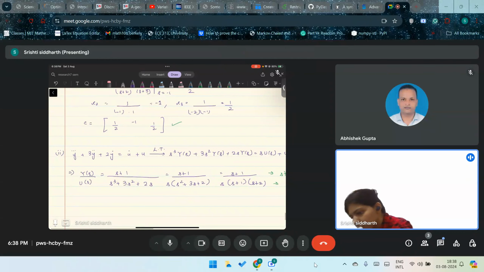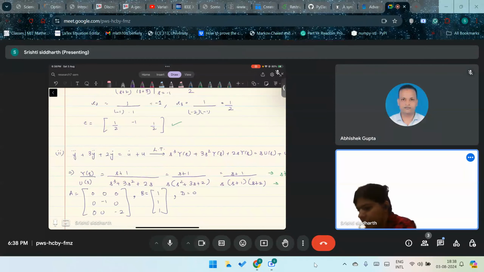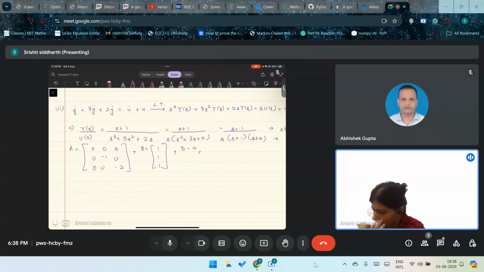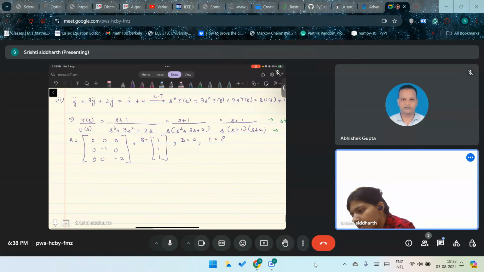So we already know what the three of them are going to be: 0, minus 1, minus 2. B is going to be 1, 1, 1. D is 0. So the main thing in the Jordan normal form and the diagonal form is to find out what C is. So let's compute.